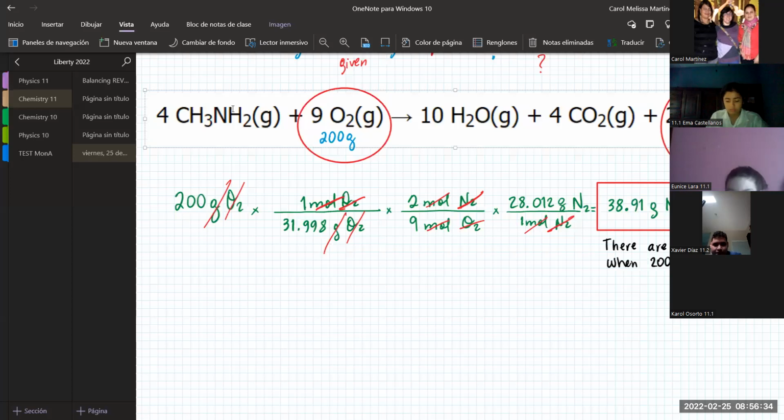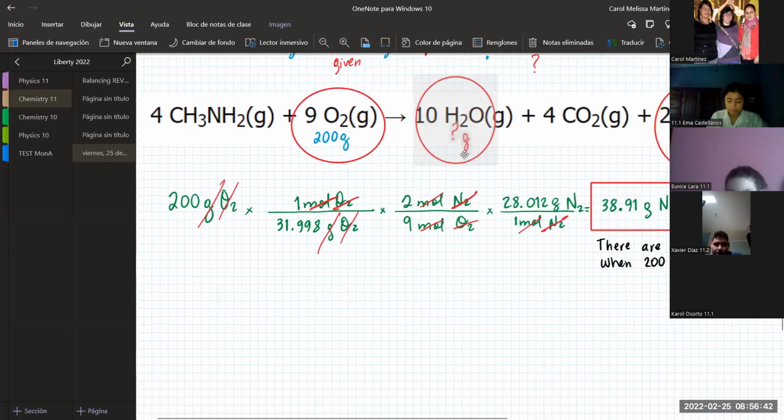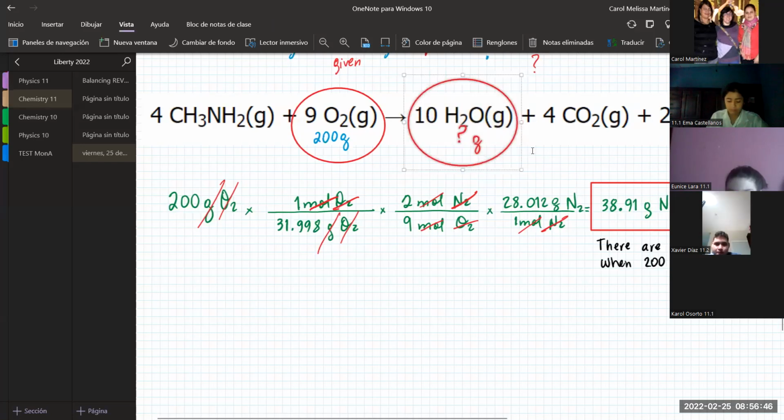Well, if you want to know how much water you can get, you can also do the analysis between the two substances, between oxygen and water, to know how much water is going to be produced. Or you can do it like this.